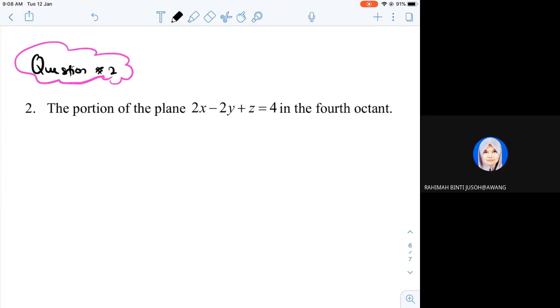You just straight away sketch region R sahaja, which is involving the x dengan y. Okay, so let's say saya sketch juga 3D untuk soalan ni. So we have 2x minus 2y plus z equals to 4. So divide everything by 4 using intercept form. 2 bahagi 4 jadi x over 2 minus 2 divide by 4 jadi y over 2 plus z over 4 equals to 1.